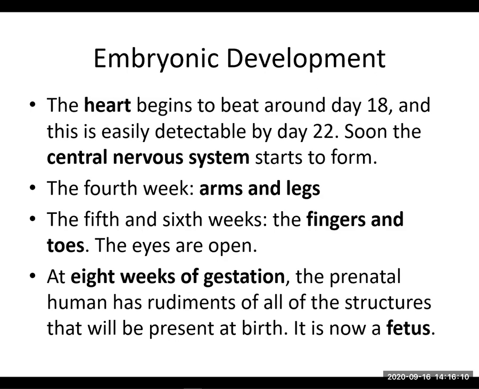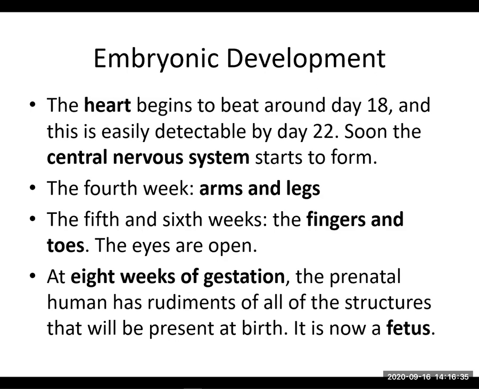This embryonic development will start to have the heart and then the nervous system. By the time you have the nervous system, you can see the spinal cord. That's the first thing you will see from the embryo. But other than that, it's still not very clear.